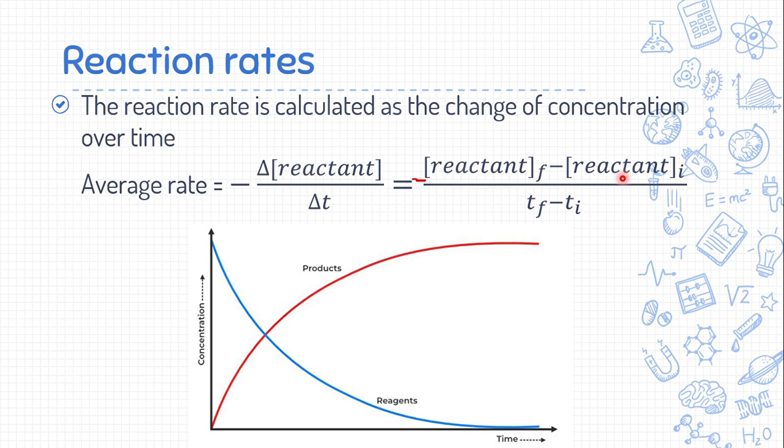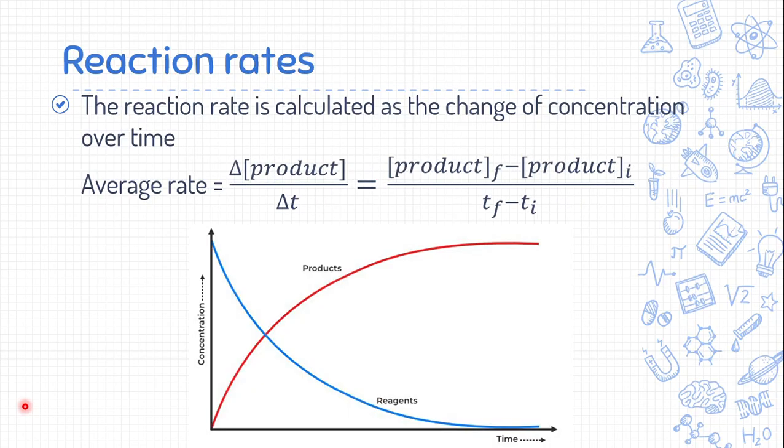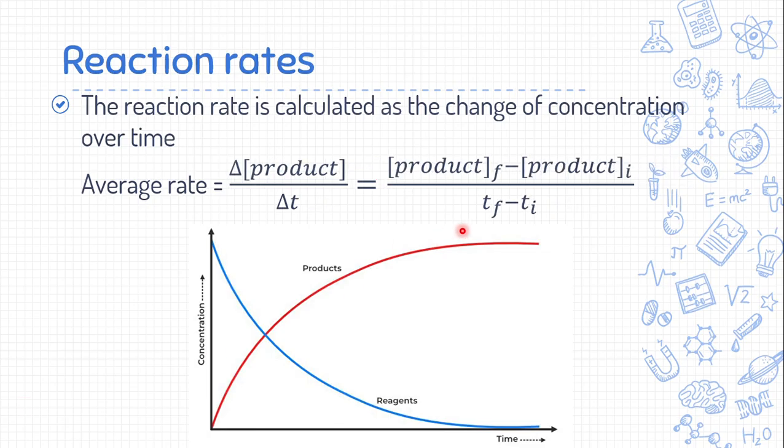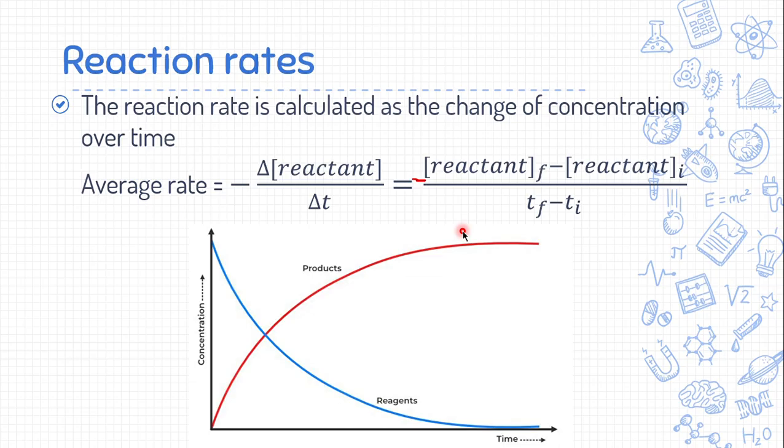To do away with that negative value for the rate, we just add a negative sign. So that overall, the rate, whether we are calculating it based on the product amount or the reactant amount, would be a positive value. For the product, it's final minus initial, and for the reactant amounts, you still have final minus initial, but we add a negative sign to do away with that negative quantity.